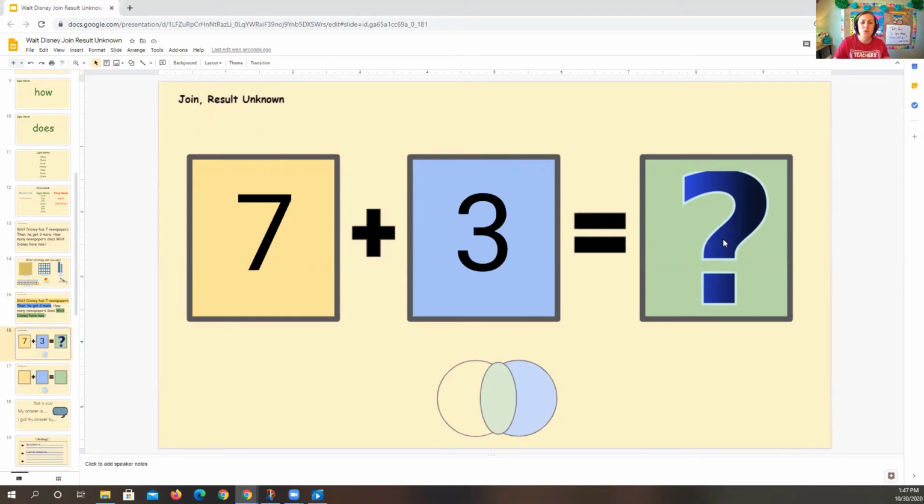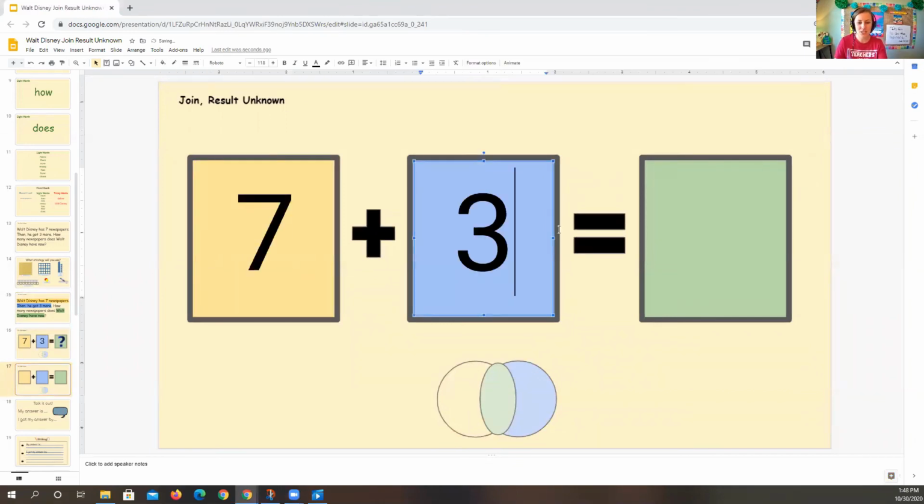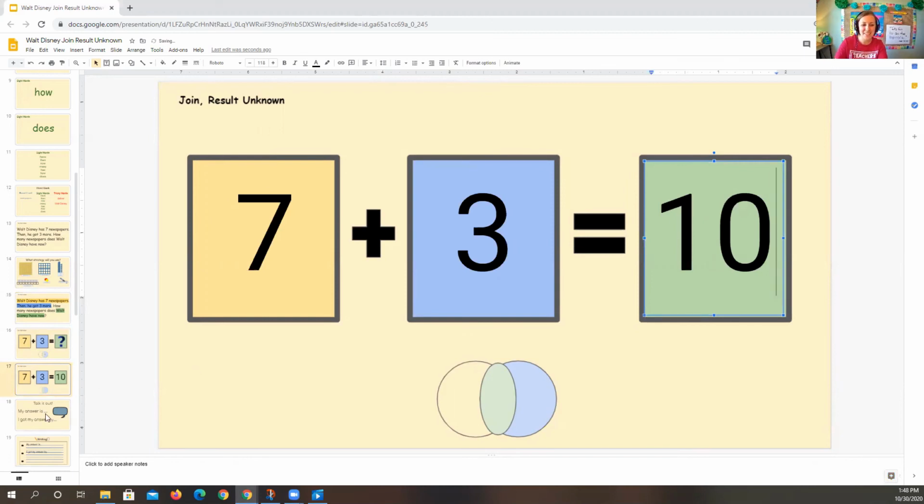And so I saw some of you used counters. Some of you communicated that you drew a picture. And so if we have 7 plus 3, that's going to equal 10. So I have 7 plus 3 is equal to 10.